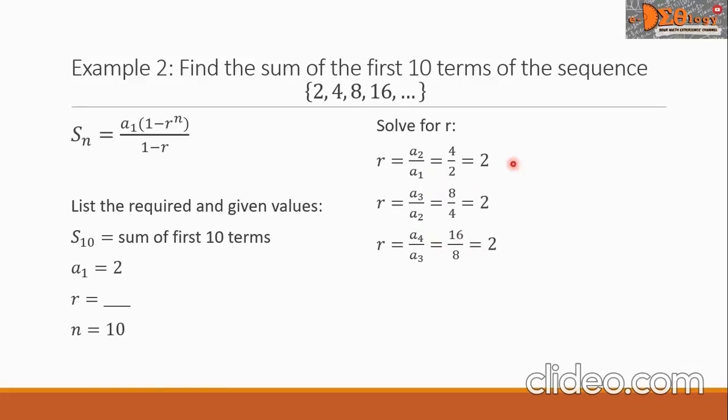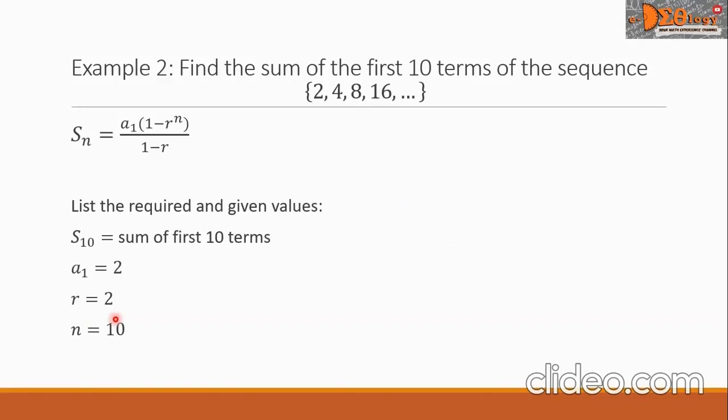We can see here that the ratios are common, and we are sure that this is a geometric sequence, and we can use our formula here. Also, let us copy this value in our blank here. So r is equal to 2. Now, let us begin with our solution for S sub 10.